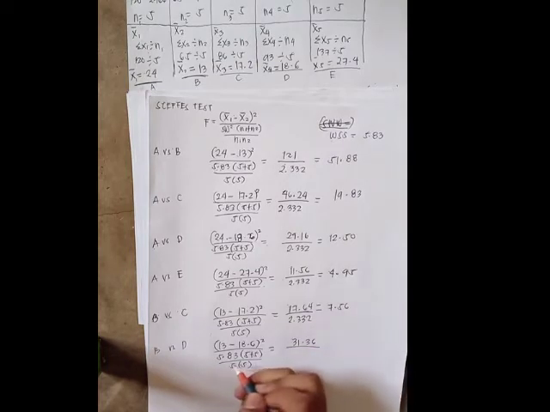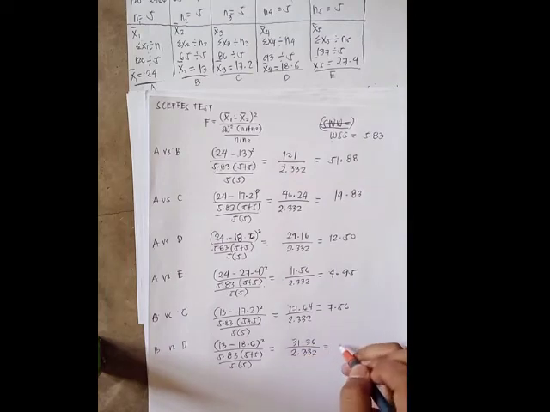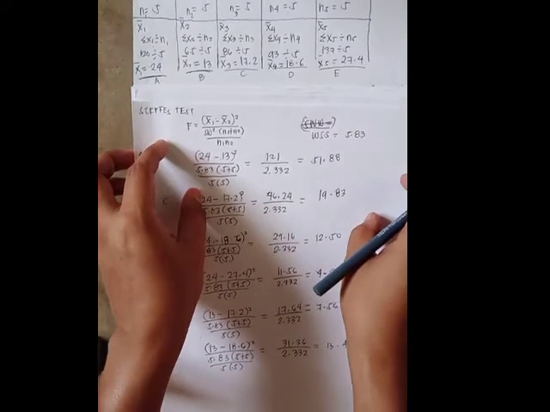Divide it with our 5.83 times 5 plus 5 is 10, divided by 5 times 5 is 25, which will be equal to 2.332. And 31.36 divided by 2.332 will be equal to 13.44.